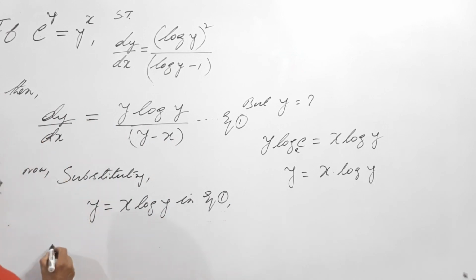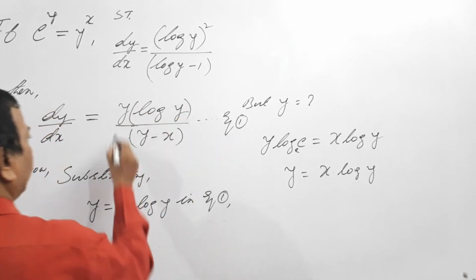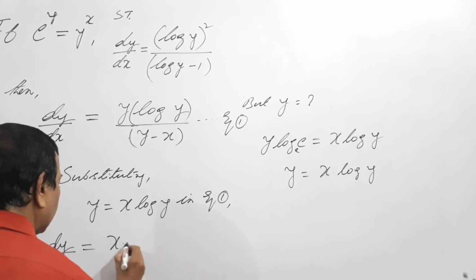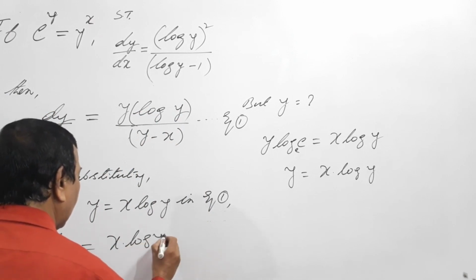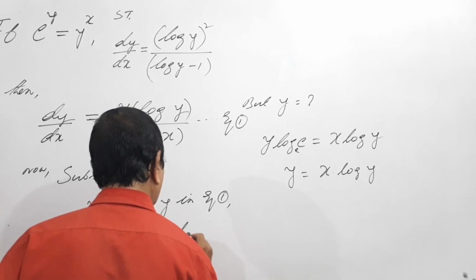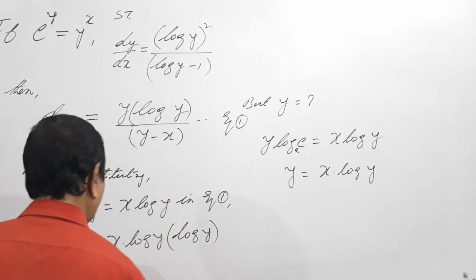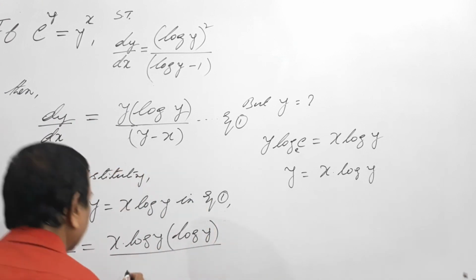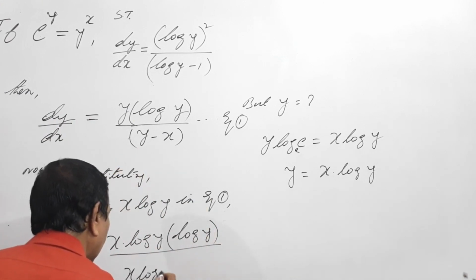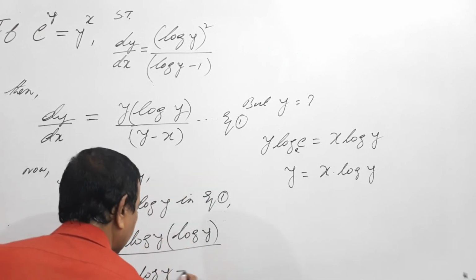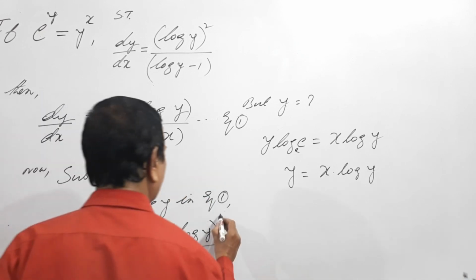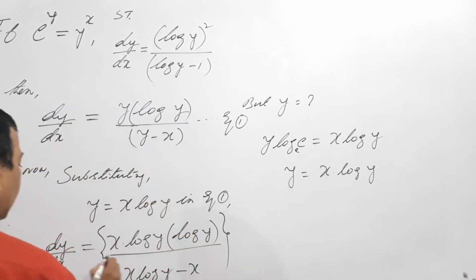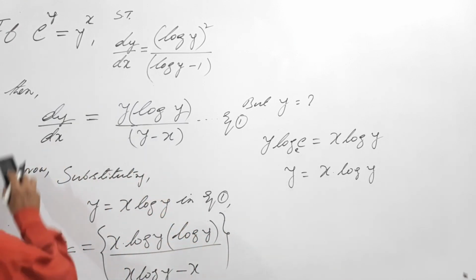So this becomes dy by dx equals y, I'll put this in bracket, y is what? x log y, x into log y into log y, divided by, what is y? y is x log y, so x log y minus x. So I'll put this within a bracket. I rub this.